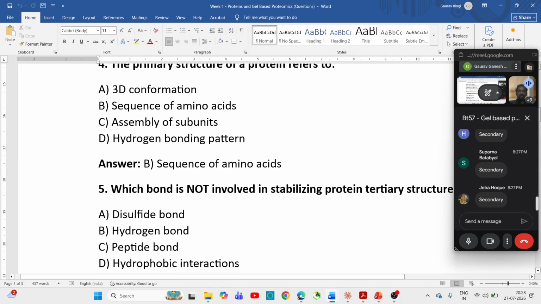So which bond is not involved in stabilizing the protein tertiary structure? This is a bit of a tricky question though.